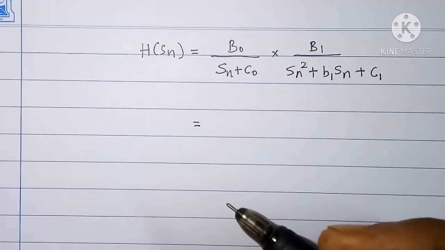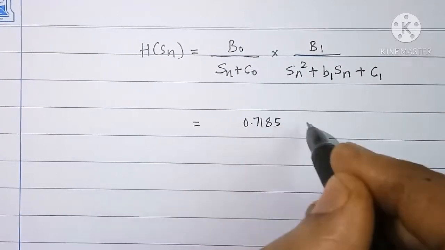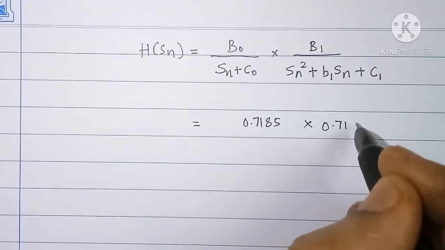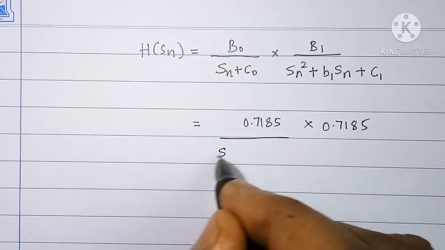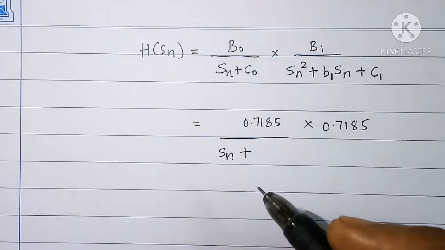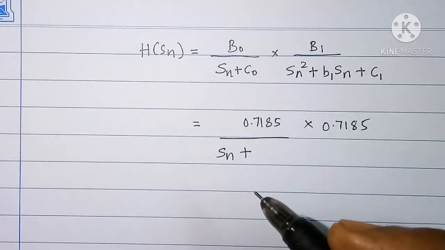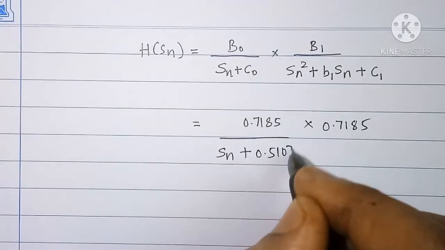Substituting for B0, B1, we get 0.7185 into 0.7185 in the denominator Sn plus c0. The value of c0 is 0.5107.